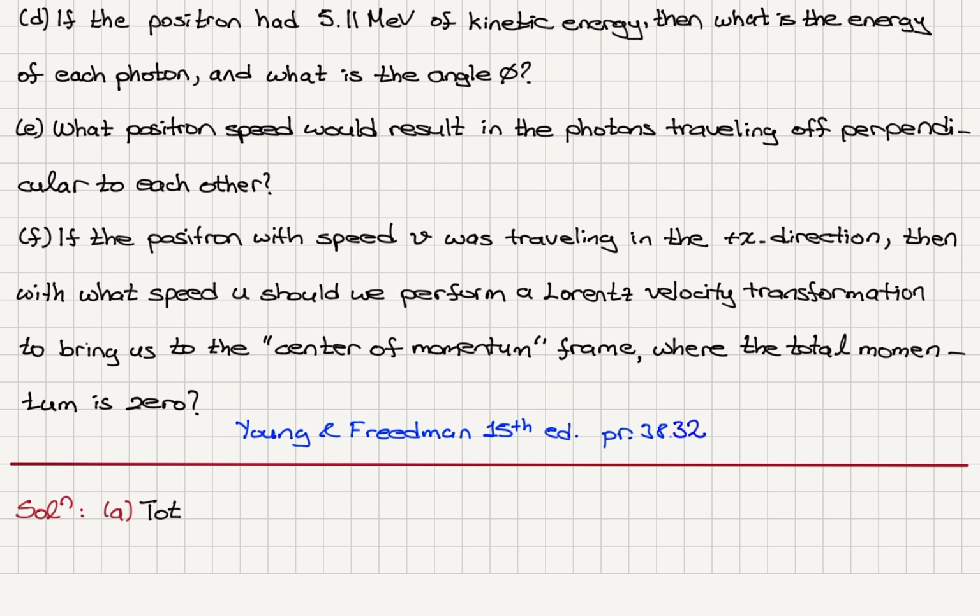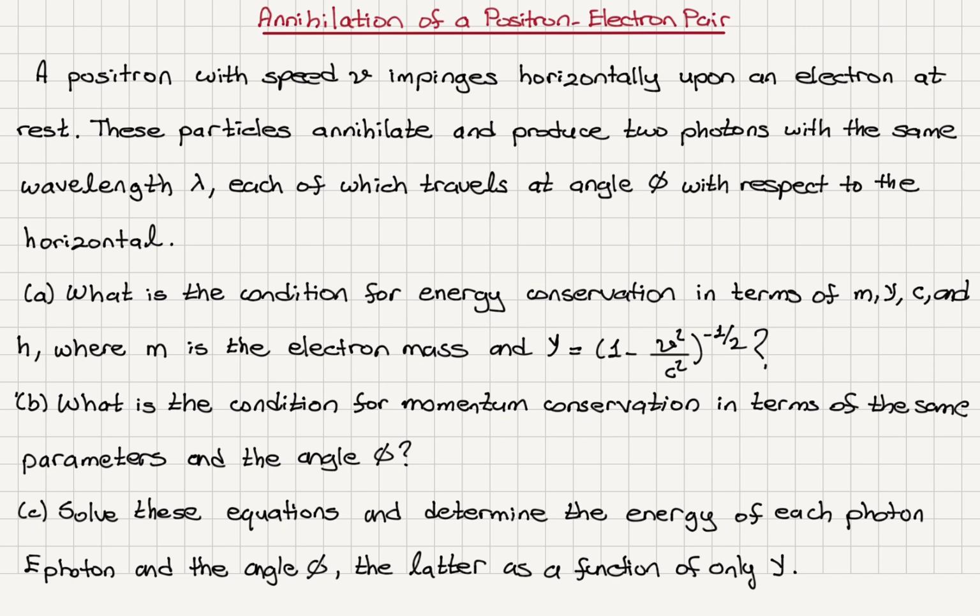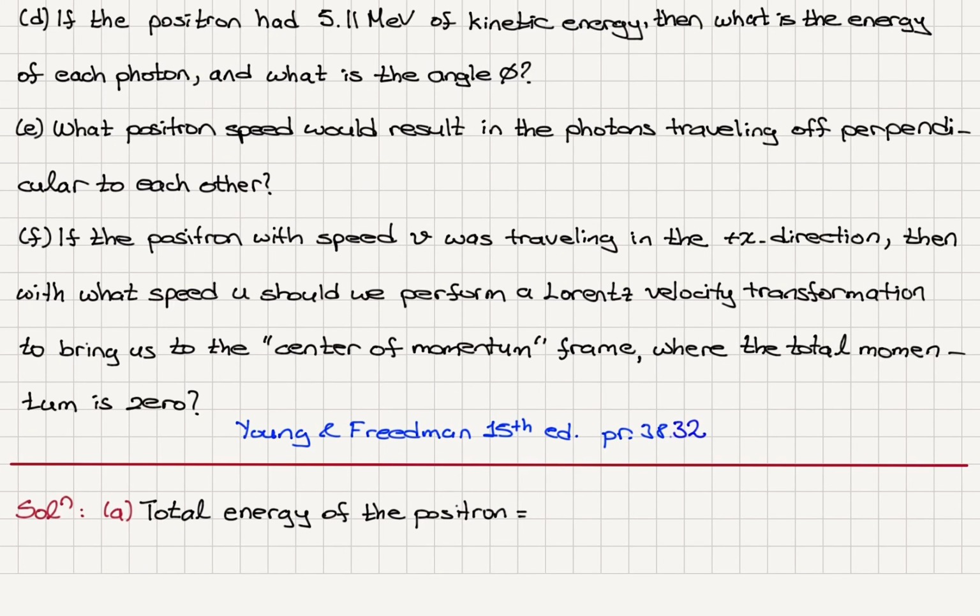So we have the total energy of the positron. This is equal to, now the positron is moving with a speed v, so it has a kinetic energy and it has its rest energy.